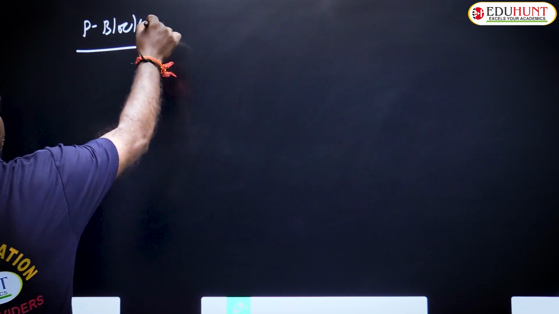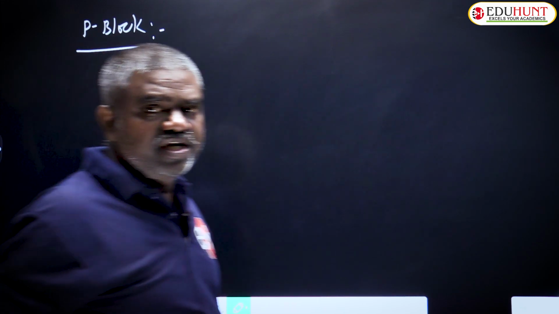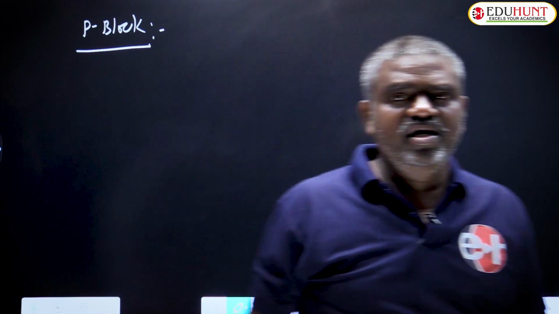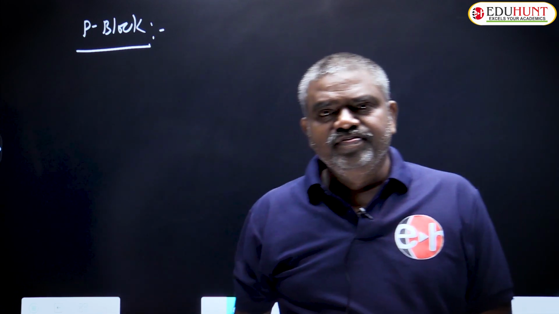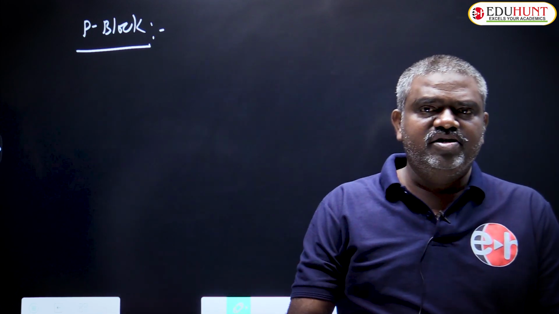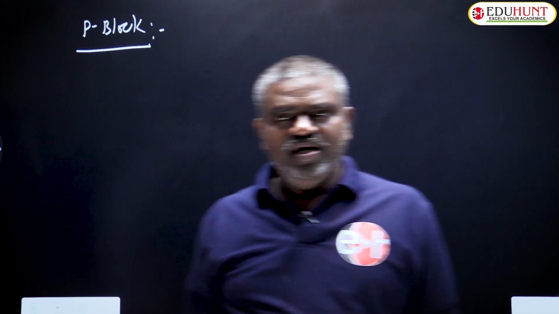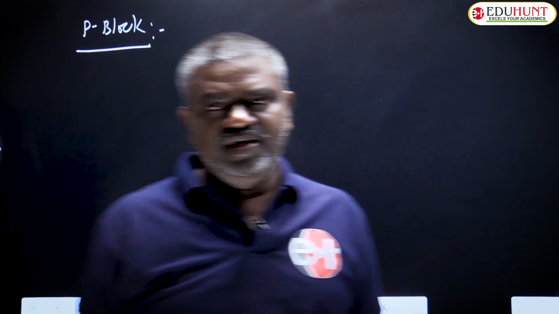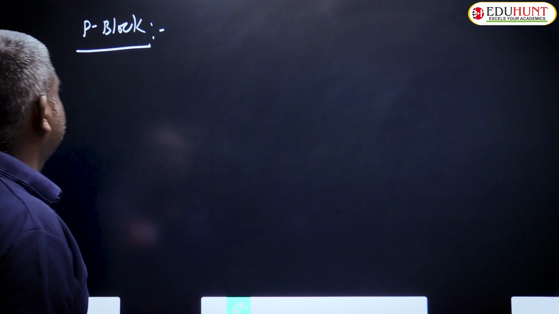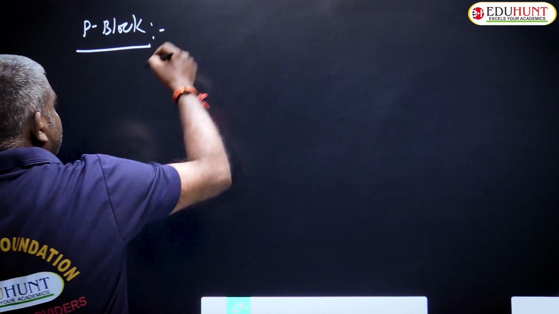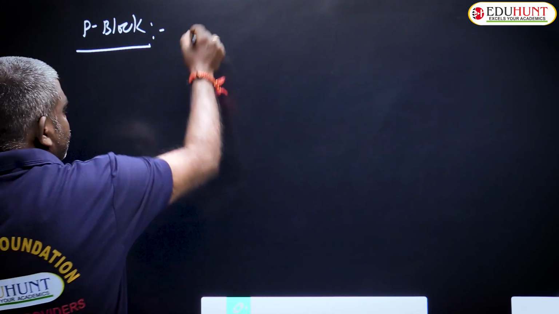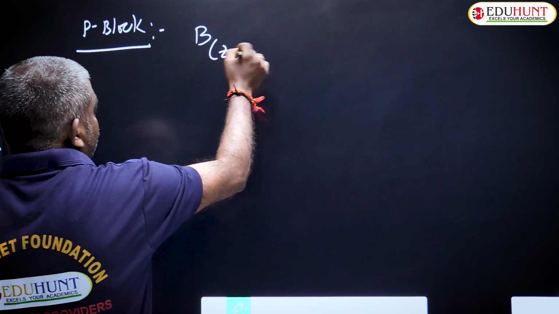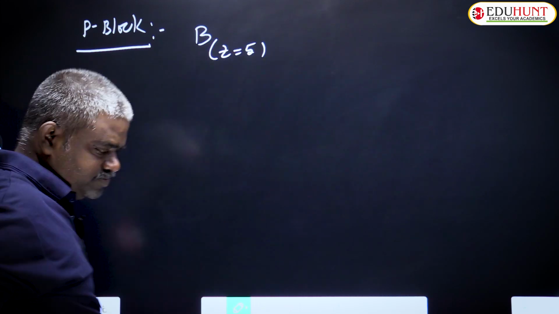The elements in which the differentiating electron enters into the p orbital are called P block elements. For example, boron, atomic number 5.